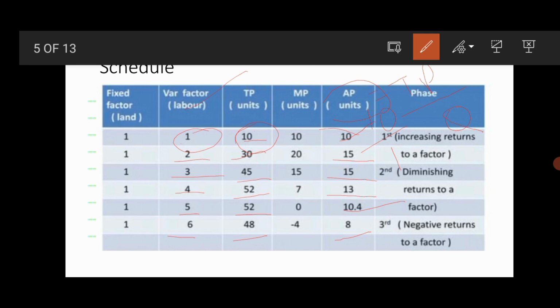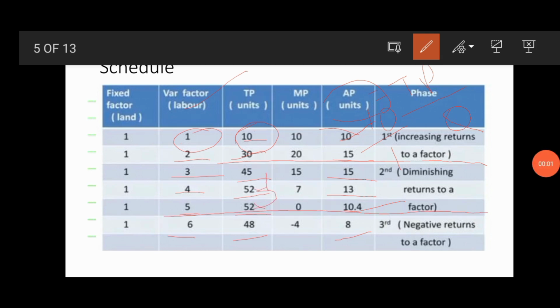So you can see that from here till this stage was called increasing returns to a factor. Here you can see that the total product kept on increasing, and here marginal product is also increasing and AP is also increasing.